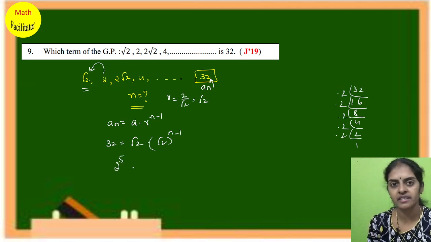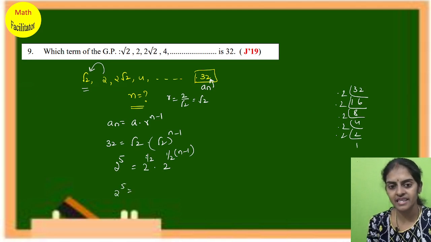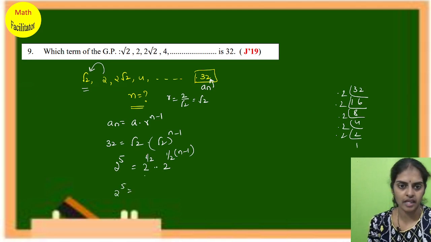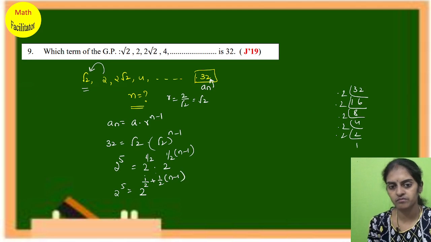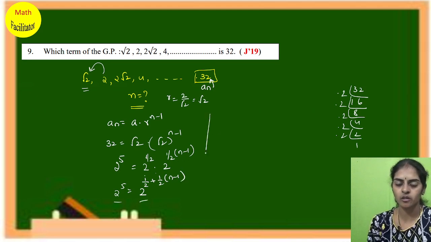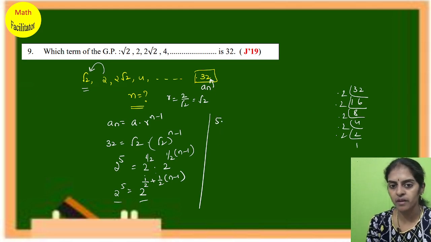This 2 power 5 equals 2 power 1 by 2 into 2 power 1 by 2 into n minus 1. So 2 power 5 equals, this is like a power m into a power n, so can I write a power m plus n? Now see, as the bases are equal, here it is 2, here also it is 2, you can equate the powers.